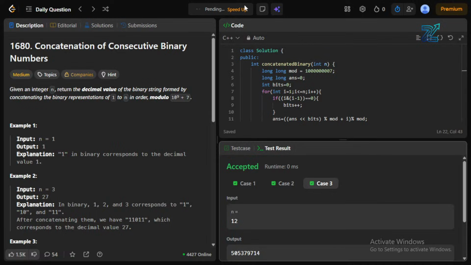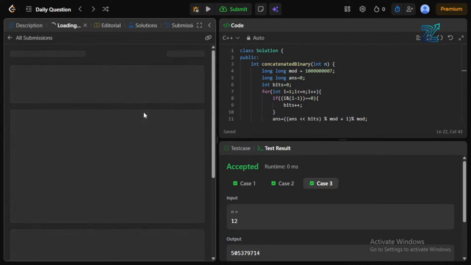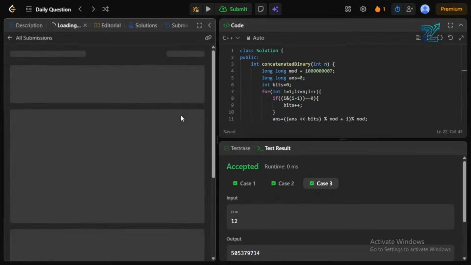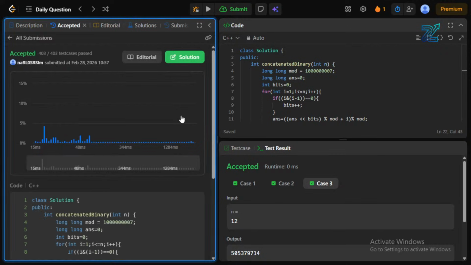The network is slow. Wait. I think the solution has been submitted. Yeah, it has been submitted.